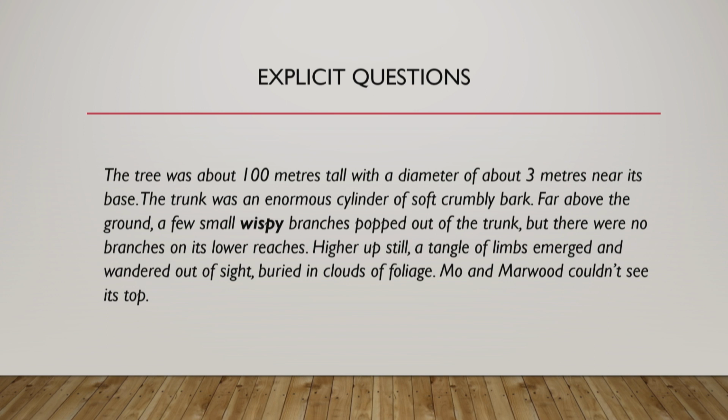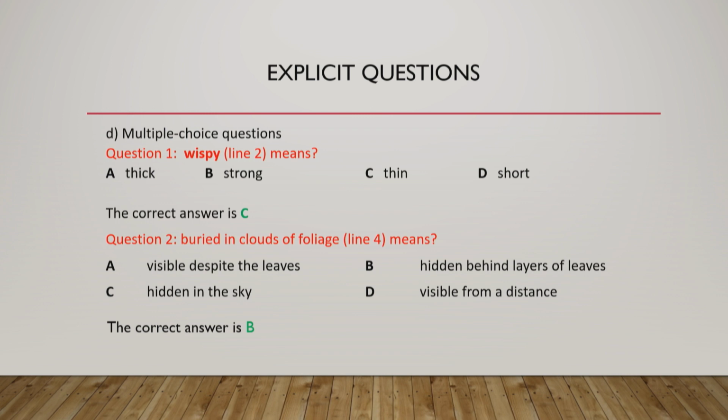We'll be considering two multiple choice questions based on the extract appearing on your screen. The instructions for the multiple choice questions are: circle the letter A, B, C, or D which has the same meaning that the word or phrase has in the passage. In the first multiple choice question, we have to explain the word "wispy".